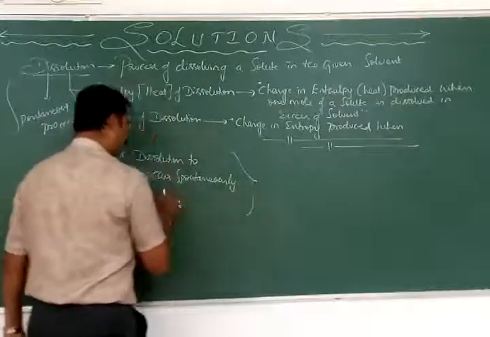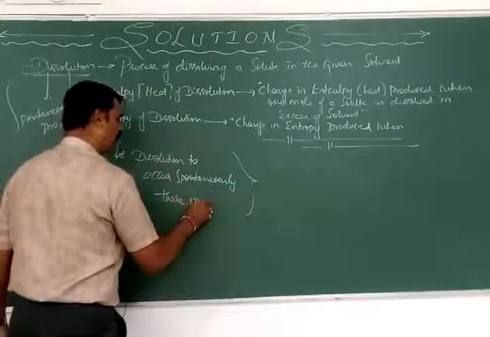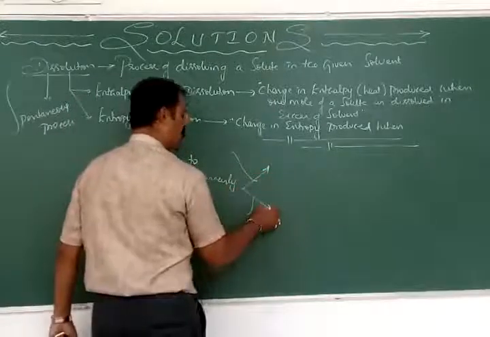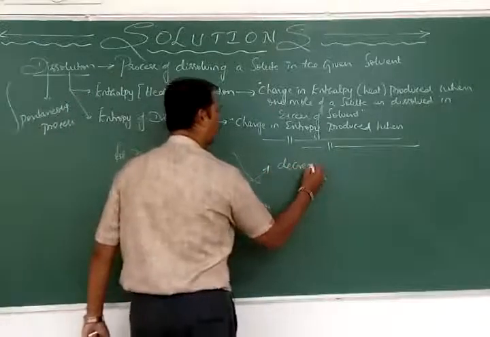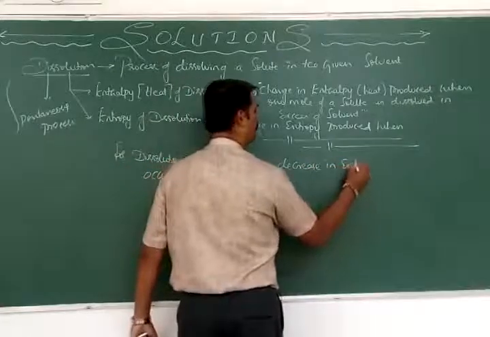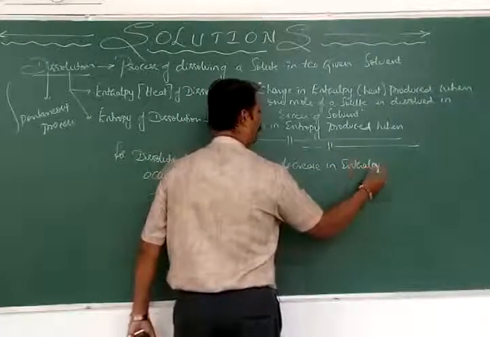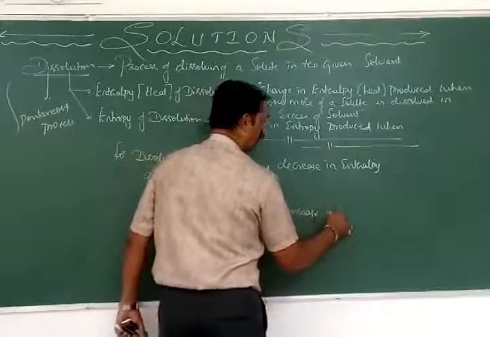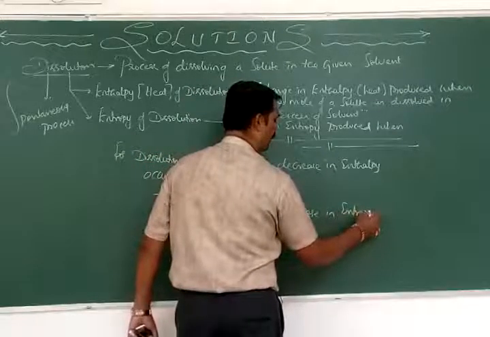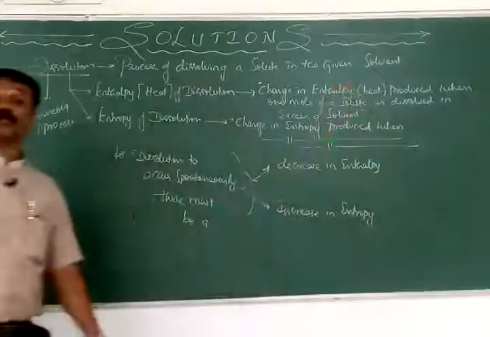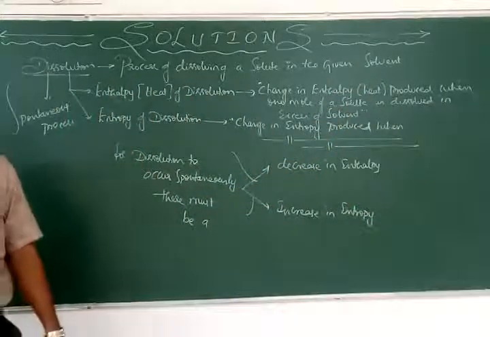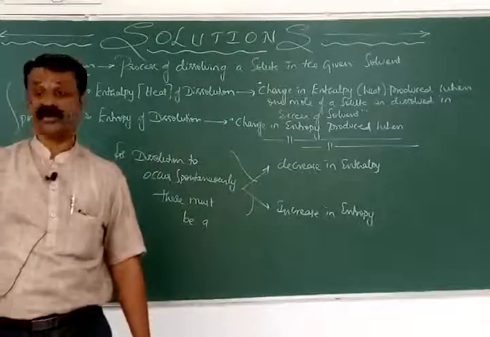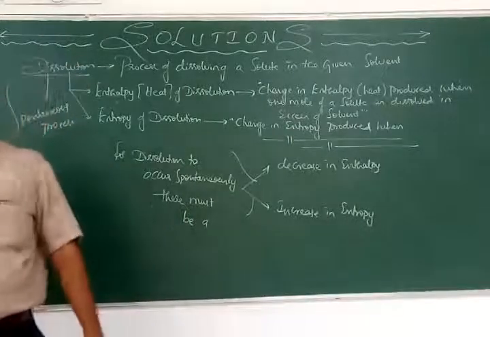So there must be a decrease in enthalpy and an increase in entropy, because that is the main criteria behind the spontaneous process occurring without dependence on temperature. Means the enthalpy has to decrease and the entropy has to increase.